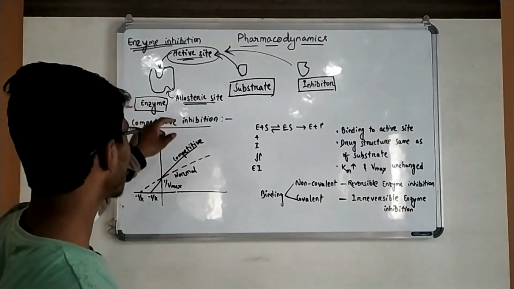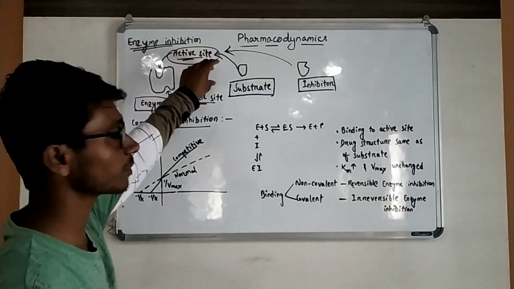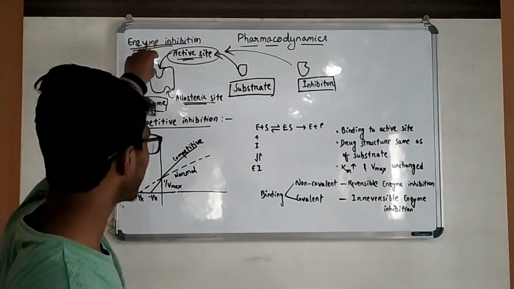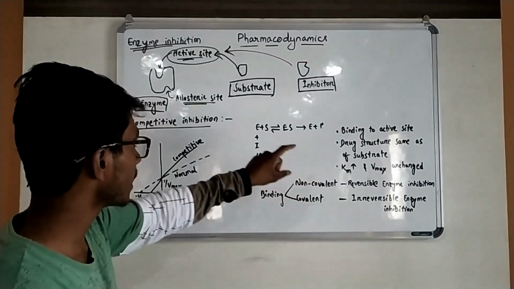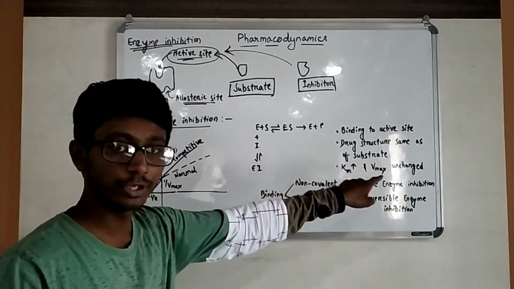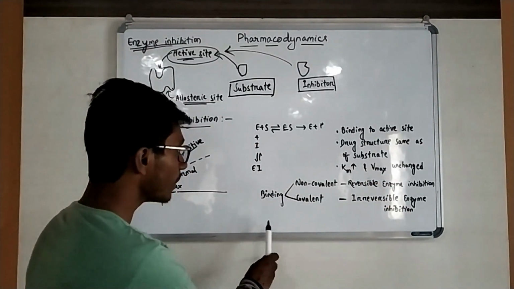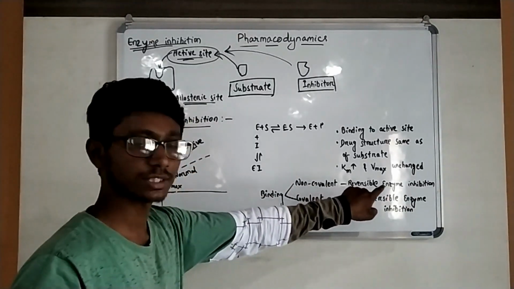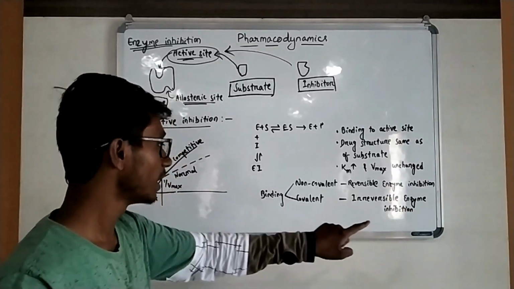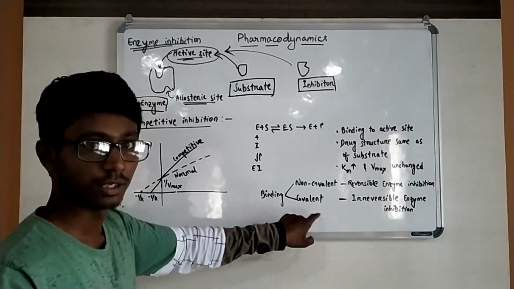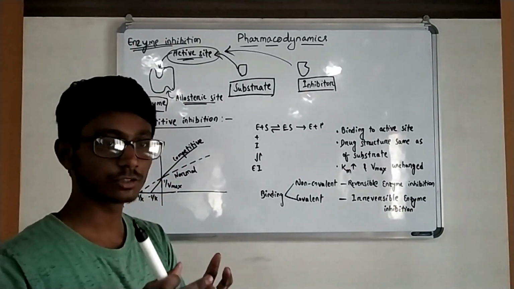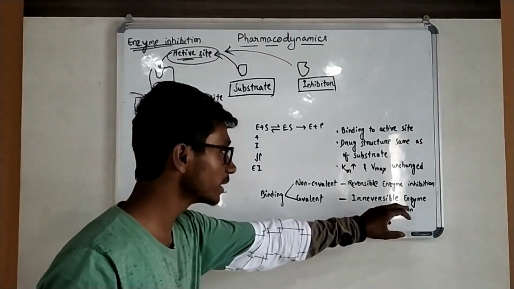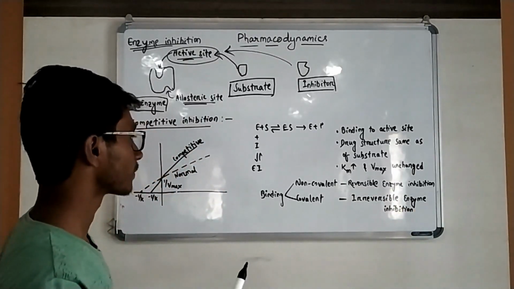Then our inhibitor will detach from this active site and the substrate will bind. So that's why here our Km increases and Vmax remains unchanged. If the binding is non-covalent, then this produces reversible enzyme inhibition, and if the binding is covalent, meaning strong, then it produces irreversible enzyme inhibition.